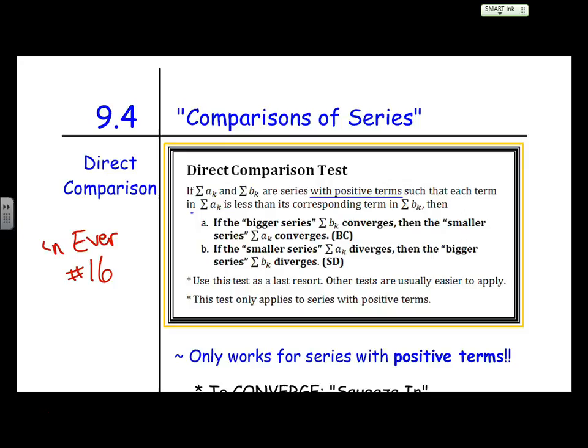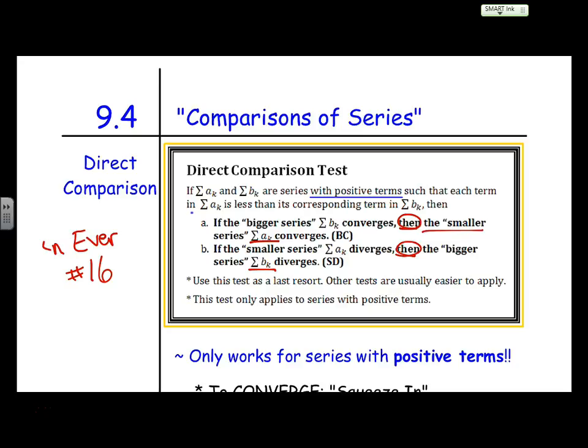But in order to do this test, the direct comparison test, one series has to be always bigger or always smaller, depending on what you're looking at. Now, here's a quick heads up. If we are trying to figure out the convergence or divergence of a series, then the one that we are looking at is the second in each of these phrases, because we're looking at the conclusion, the then.